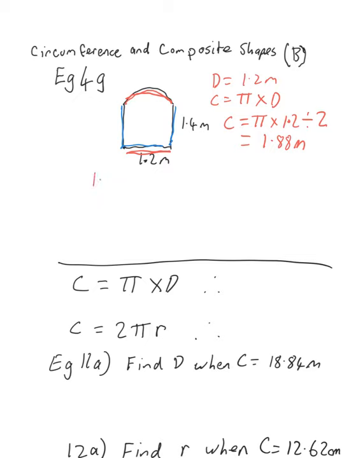So we have 1.88 meters plus 1.4 meters there, plus 1.4 meters there, plus 1.2 meters there. Okay, if we add all that up together, we get 5.68 meters.